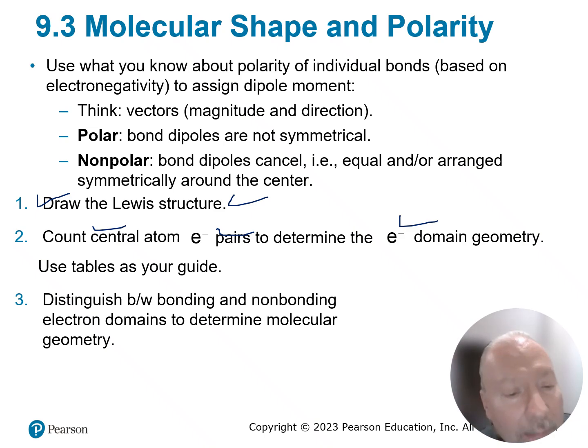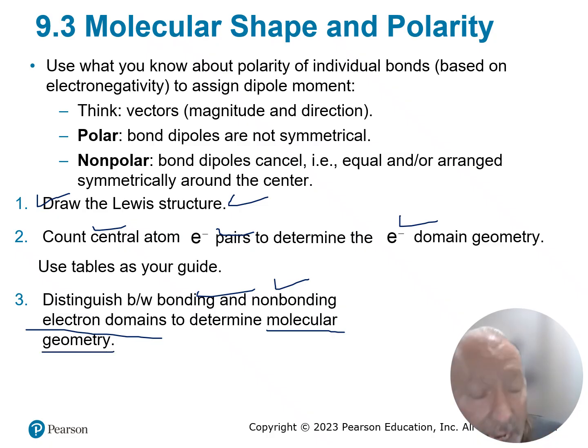Now, distinguish between bonding and non-bonding electron domains. Make sure you can do that. That's the only way you're going to be able to figure out the molecular geometry. The electron domain geometry and the molecular geometry can be the same, or they can be different. Okay, so what's next on the agenda?